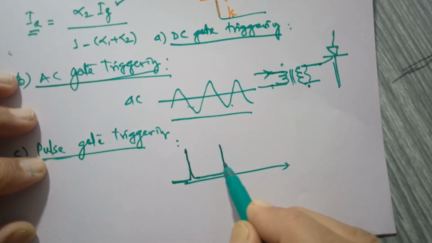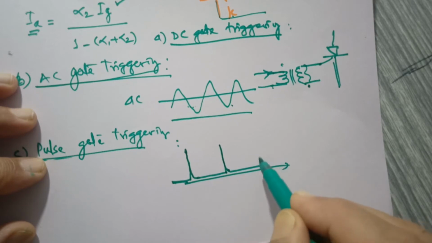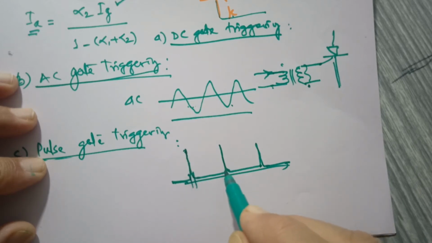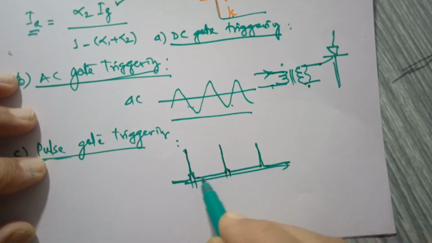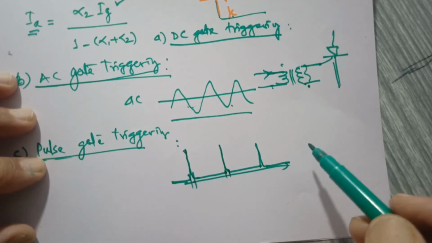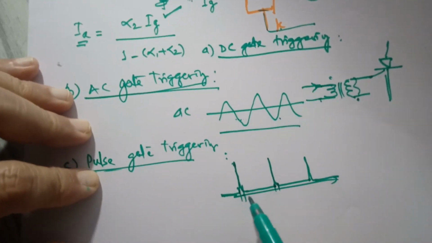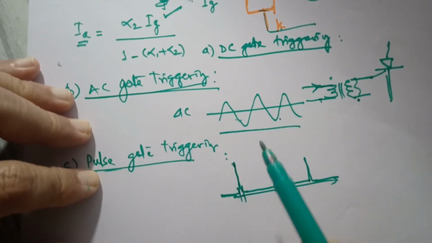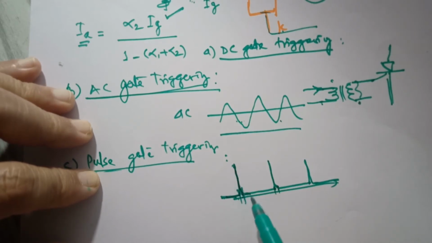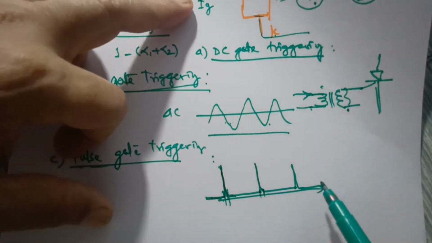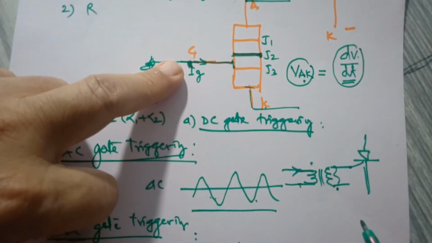These are called triggering pulses, or you can say these are voltage pulses of very narrow pulse width. Such a train of pulses can be applied to the gate of the SCR, and if it meets the requirement of that SCR, the very first pulse will trigger the SCR, and after triggering, you know that the gate loses its control on the SCR.